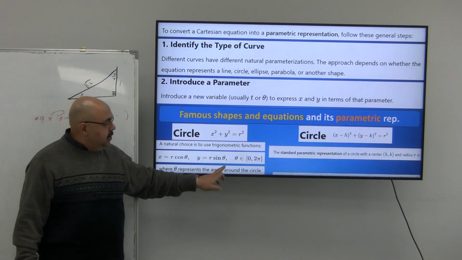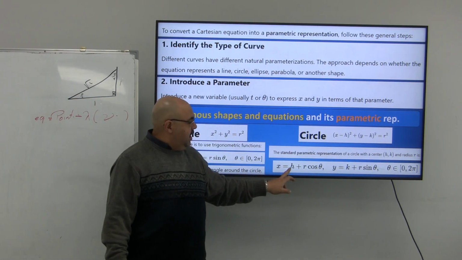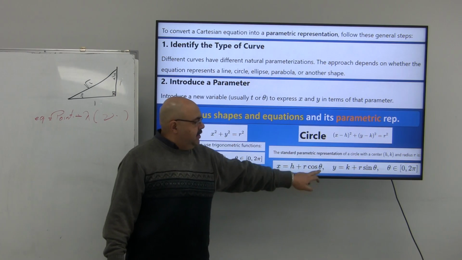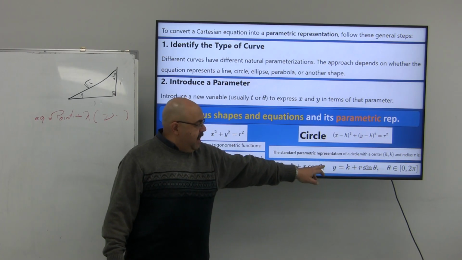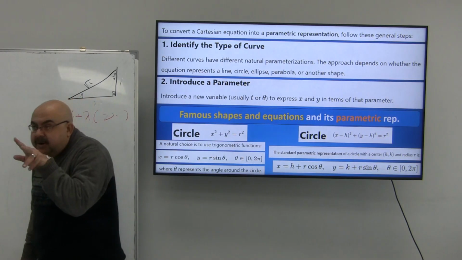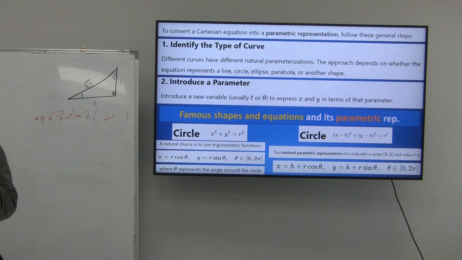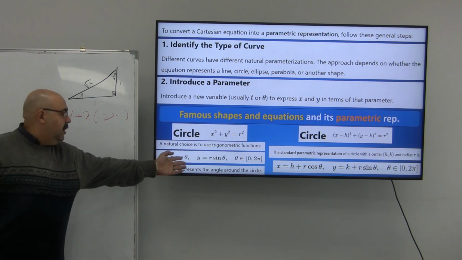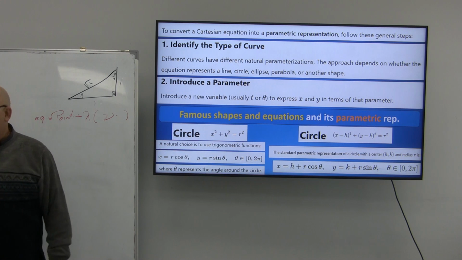The new parametric form will be x equals h plus r cosine theta, while y will be k plus r sine theta. If you compare these two equations, all I did, Ibrahim, is add the coordinates of the center beside the main two values for x and y.